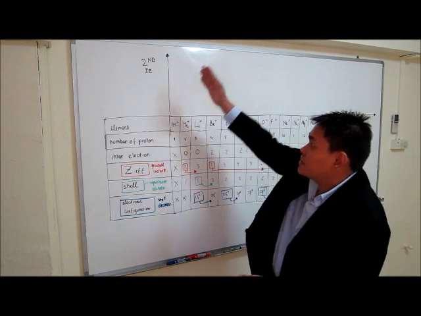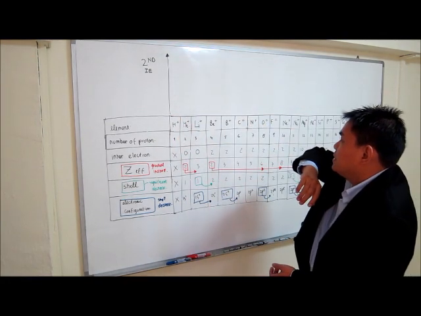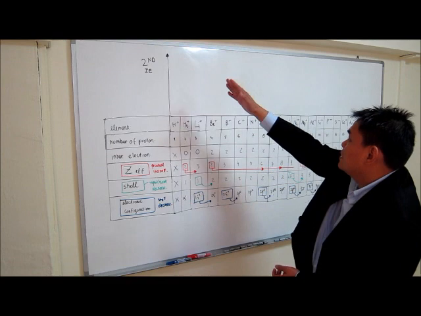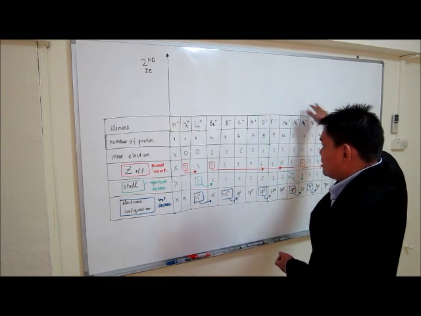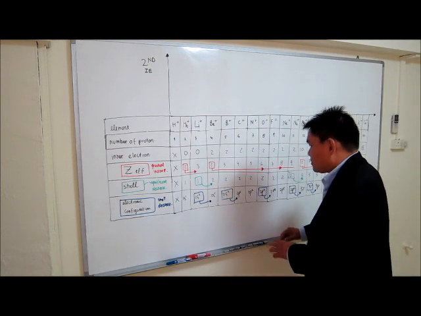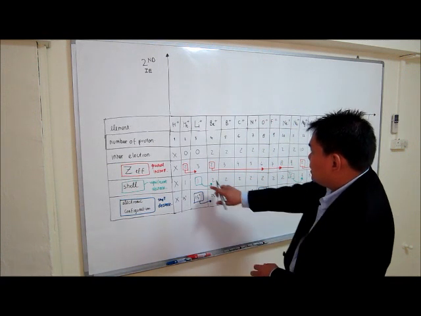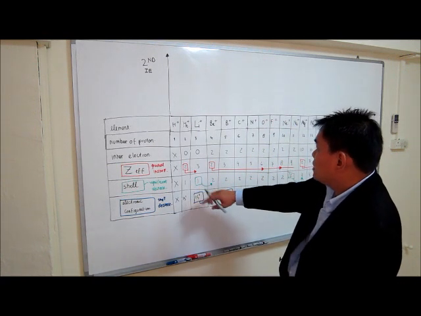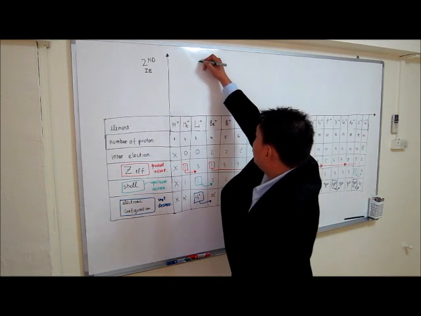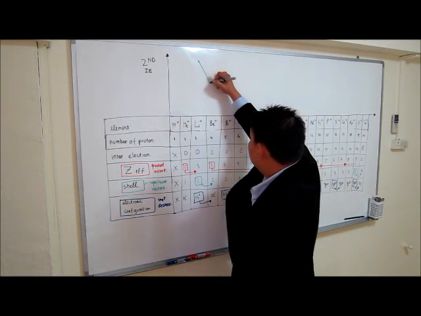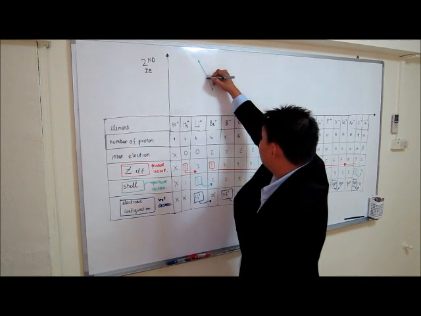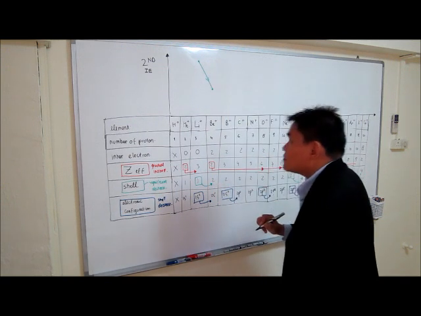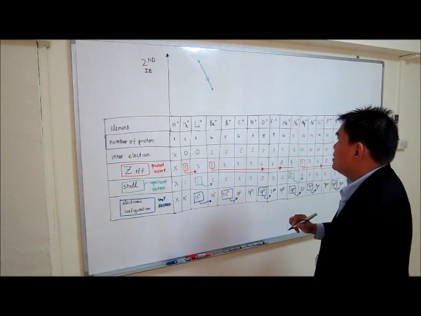For small atoms, the second ionization energy is relatively high, so in general it is going to go down. Usually I draw with the green color here the significant decrease. So starting from Li+, we draw a significant decrease of second ionization energy.